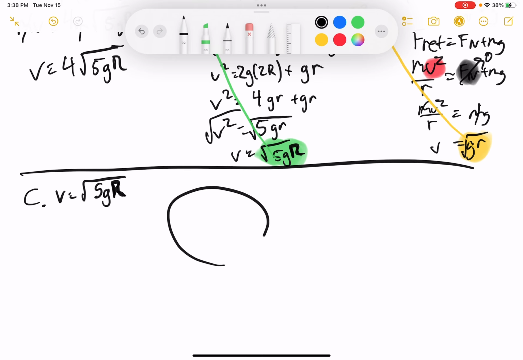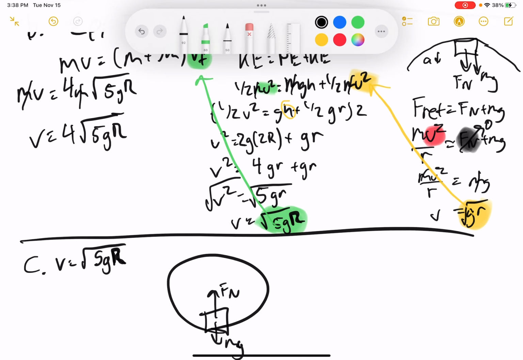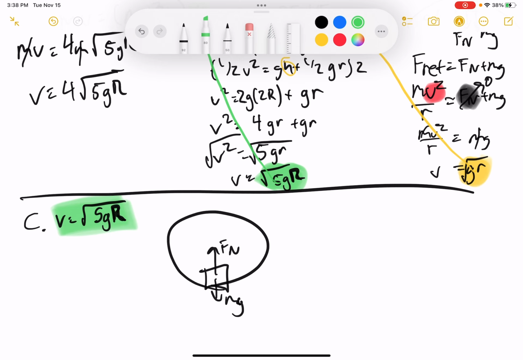So I have my circle, here's my block, I have mg down, I have Fn up. I found this velocity previously, right? I already know that my velocity at the bottom is this, and I know that if I complete the loop, my velocity at the bottom will be the same at that same height. So I just have v equals root 5gr.